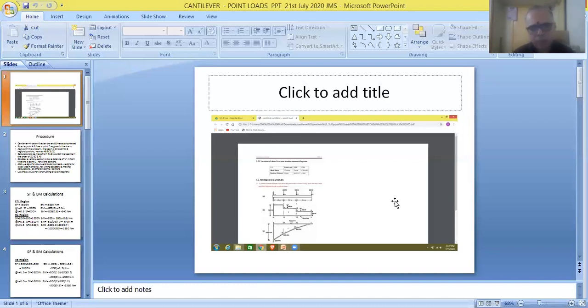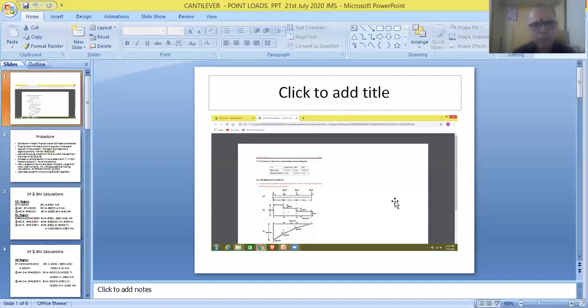A diagram constructed using the values of shear forces is called a shear force diagram, and the diagram constructed using all the values of bending moment is called a bending moment diagram.